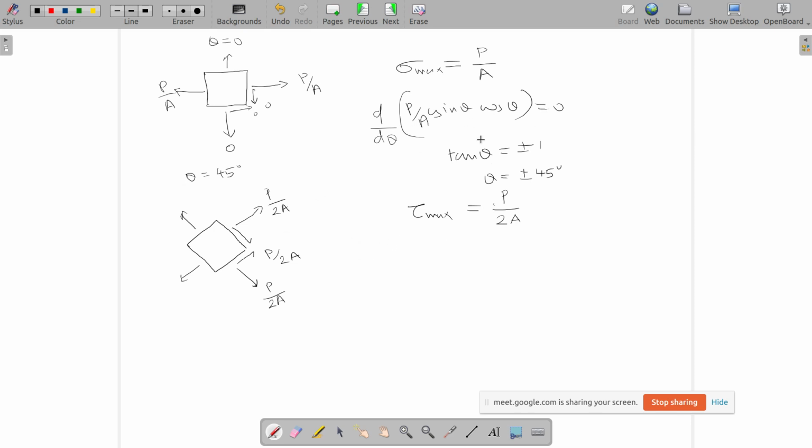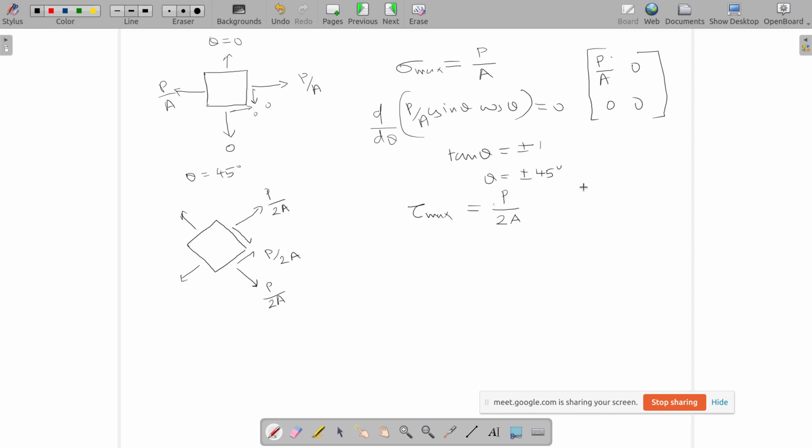So just to write the stress tensor here: P by A, 0, 0, 0. Here sigma theta is P by A, sigma theta minus 90 is 0, and tau values are 0.